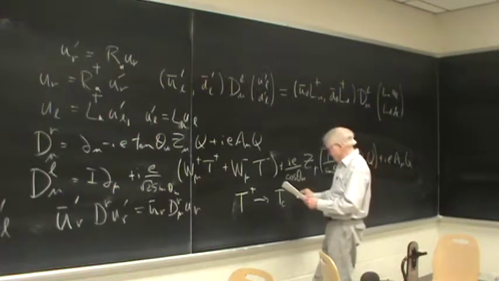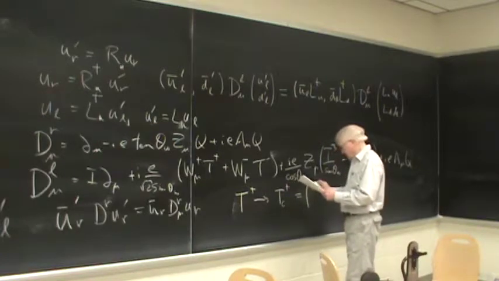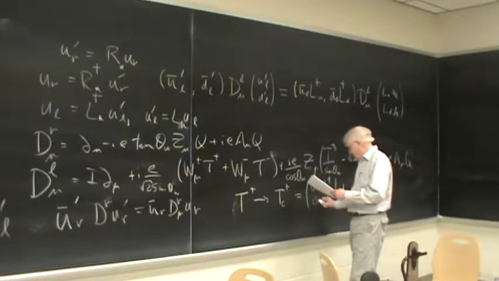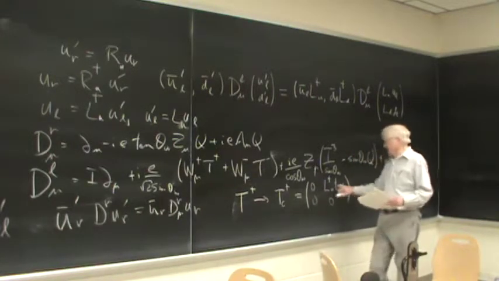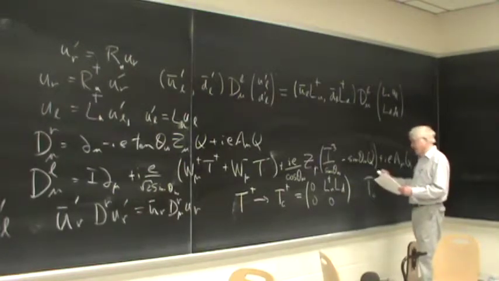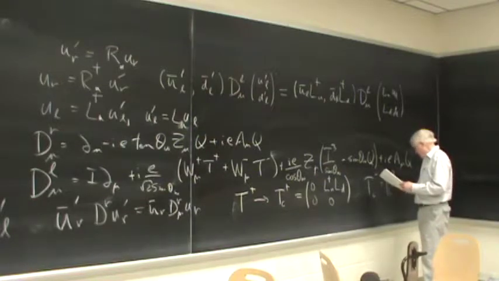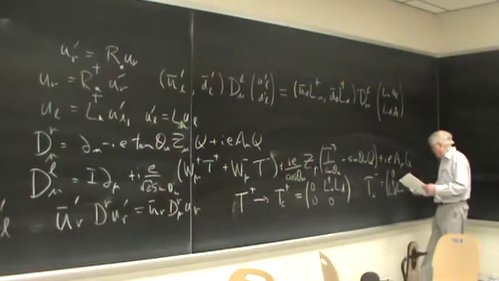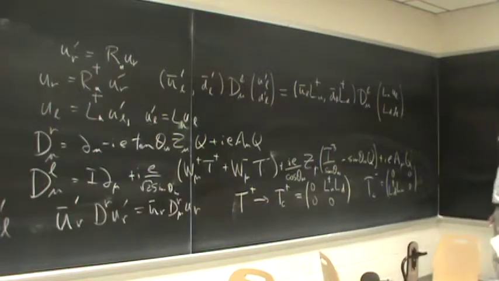And what does this look like? Well, it's 0, L dagger U, LD, 0, 0. Instead of having a 1 here. And T CKM minus is 0, L dagger down, LU 0, 0. So it looks like that. So that's basically what happens.